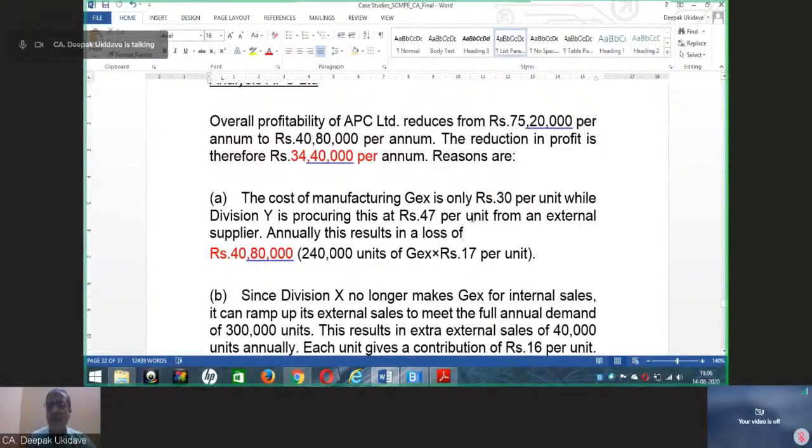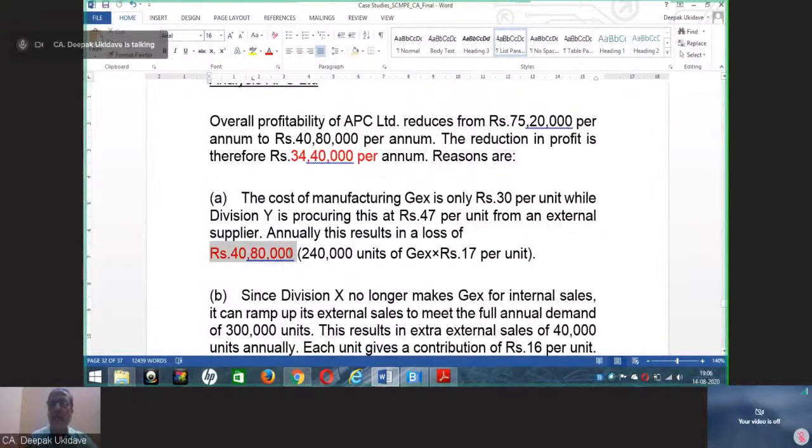So it is spending an extra 17 rupees for purchase from the external supplier. And how many units is it purchasing? 2,40,000. For 1,20,000 units of finished product manufacture, 2,40,000 units of component are required. So 2,40,000 units of component multiplied by 17 rupees, so the total loss made is 40,80,000. I have highlighted this.